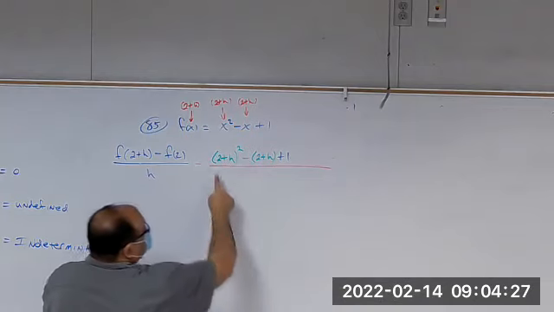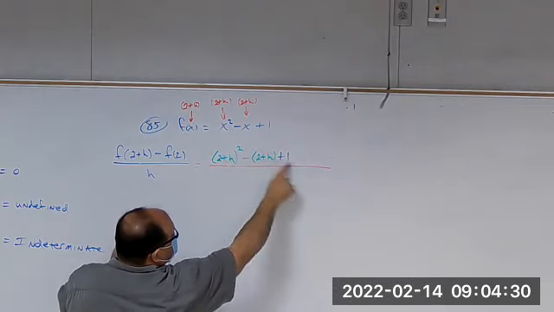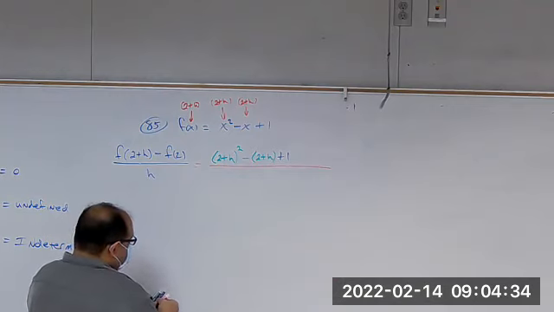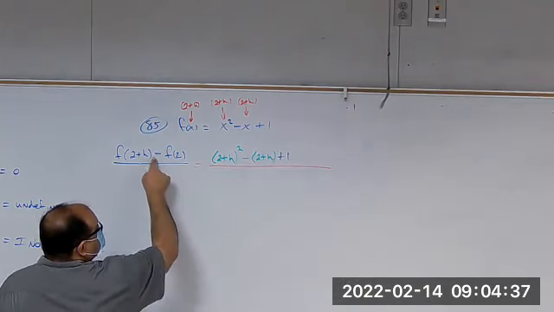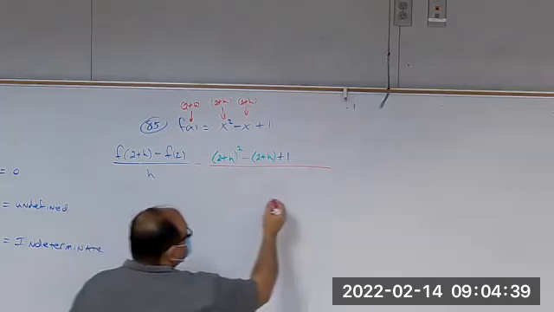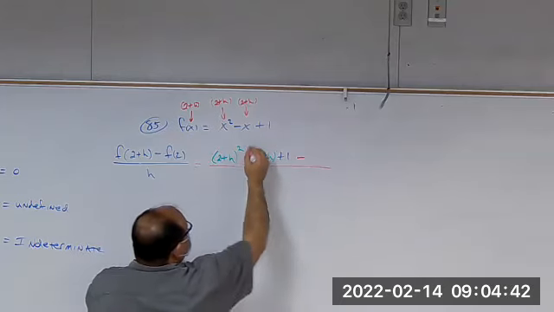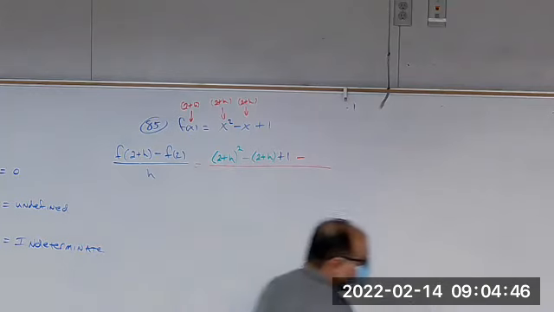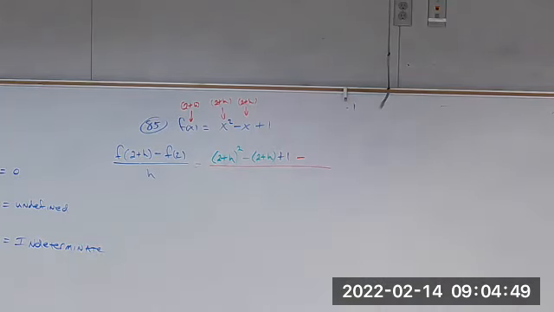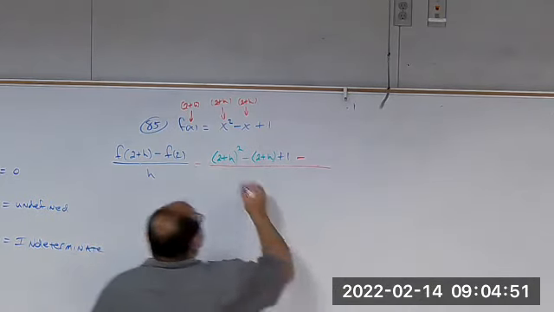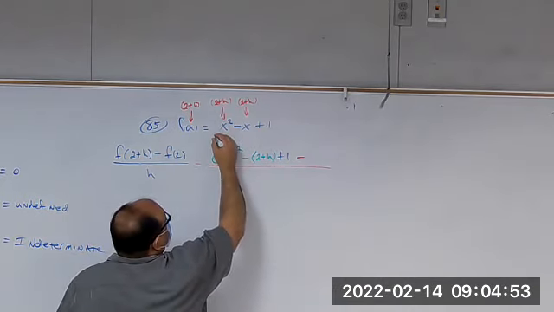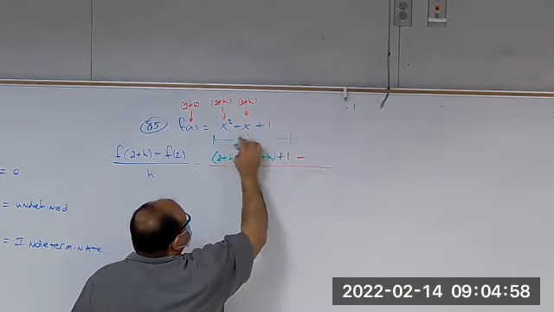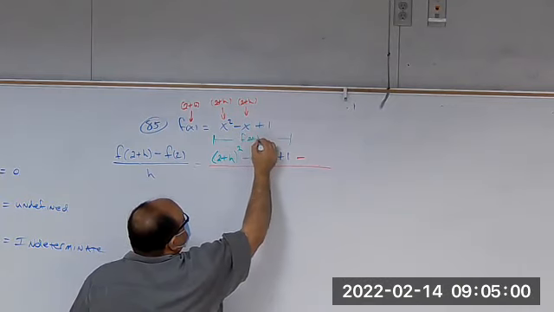So this first part is my f of 2 plus h. Then what they want from us is minus f of 2. So this first part, from here to here, is the f of 2 plus h part.